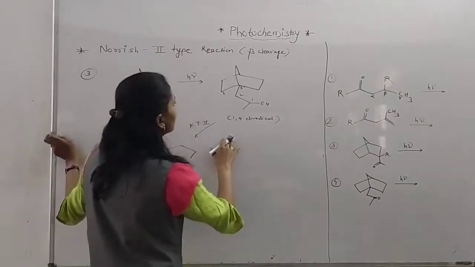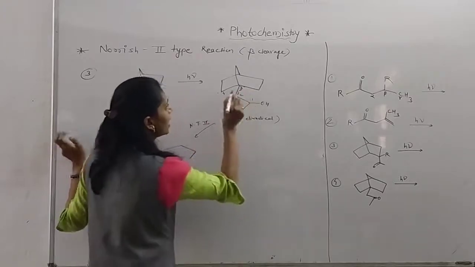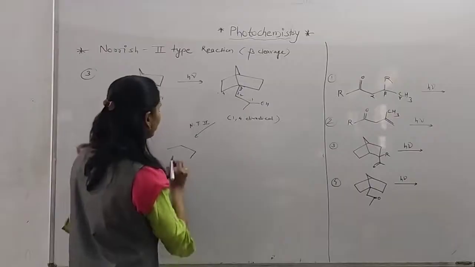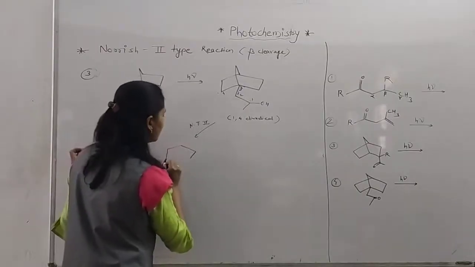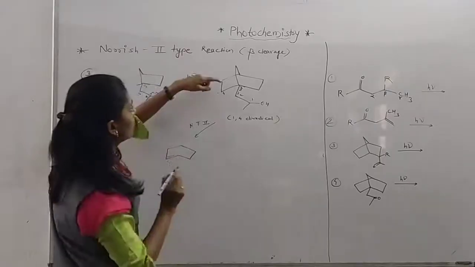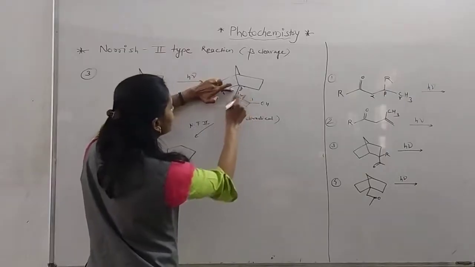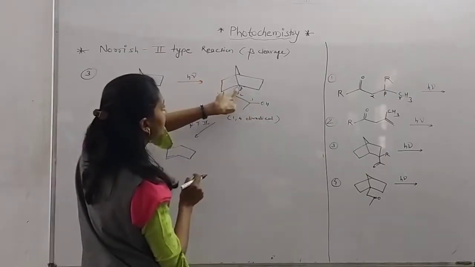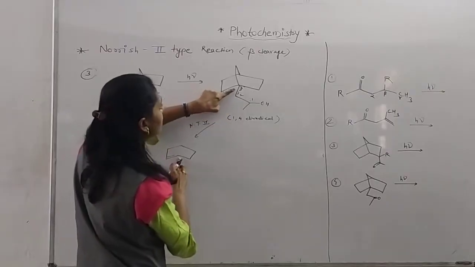Here, Norrish type 2, that means we cleave this bond. After cleavage of this bond, directly I have a double bond here. What I have done here is cleavage in between these 2 and 3, that means beta cleavage we have done, and we get a radical here. So I have directly the double bond.